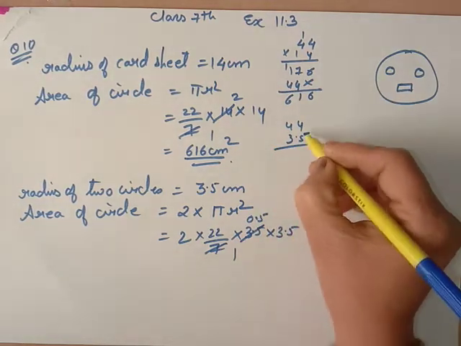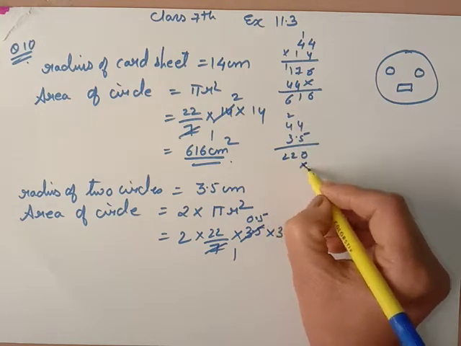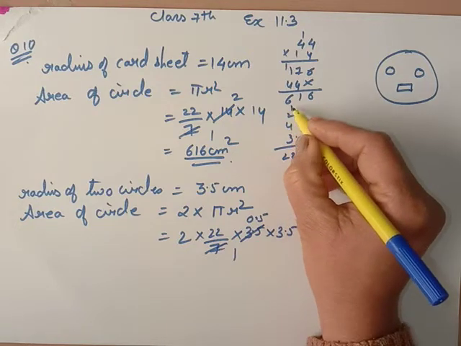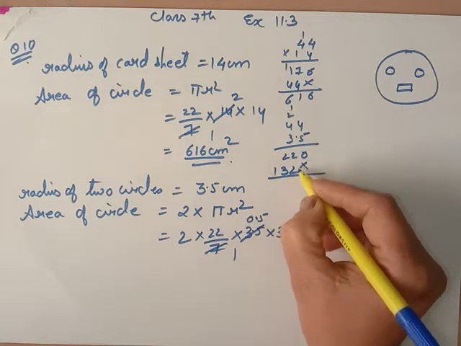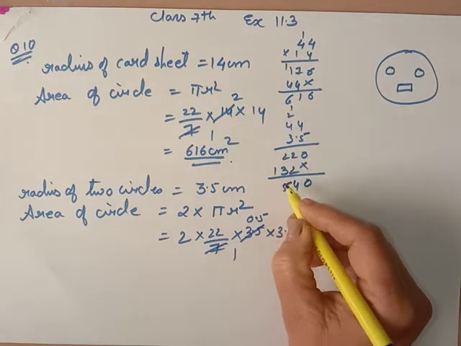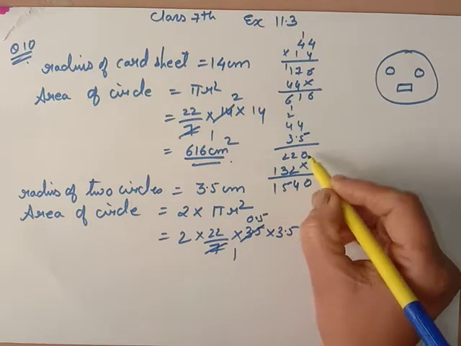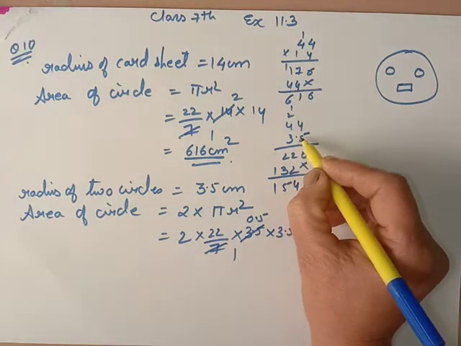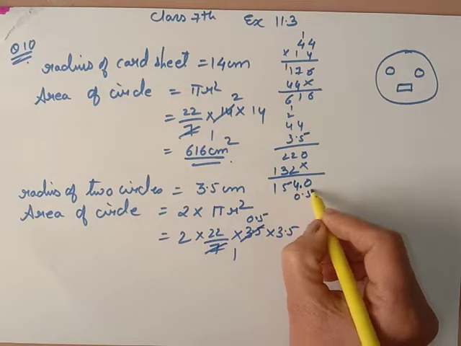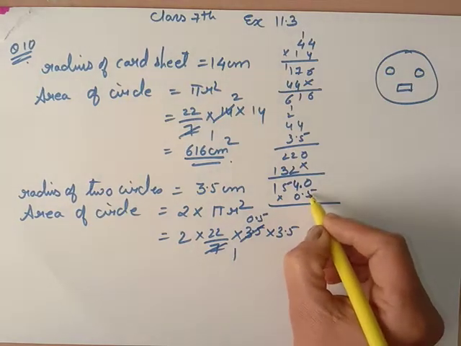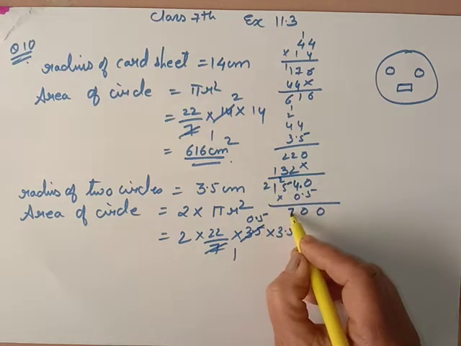Now 44 into 3.5: 5 fours are 20, 5 fours are 20, 22, 3 fours are 12, 1, 3 fours are 12, 13. Now we have one decimal place, and now we have to multiply by 0.5. 5 zeros are 0, 5 fours are 20, 5 fives are 25, 26, 27, 27.